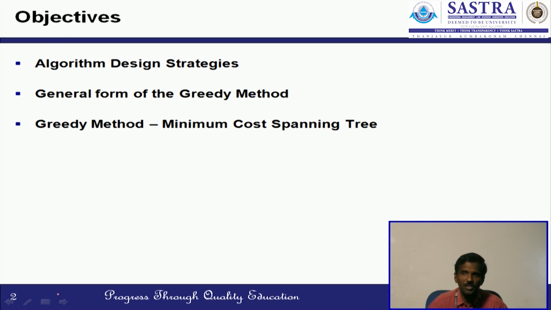So in this session we focus on revisiting the various algorithm design strategies that we have discussed earlier, and then we move on to the general form of the greedy method. Then we see how to apply the greedy method to find the minimum cost spanning tree for the given weighted connected graph. These are the objectives in this session.